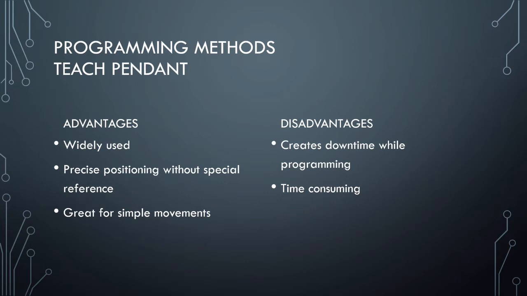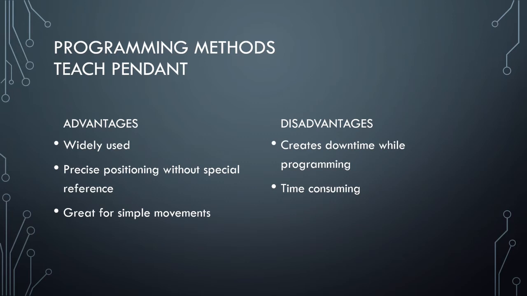So in the video that we just watched, if that hole didn't have a specific X, Y, and Z reference in space, it would be really hard to measure exactly where that is to give the robot a coordinate. In that case, it was much easier to just move the robot into position visually to see that kind of fit. And so it was a lot easier in that case to get it into that specific positioning.